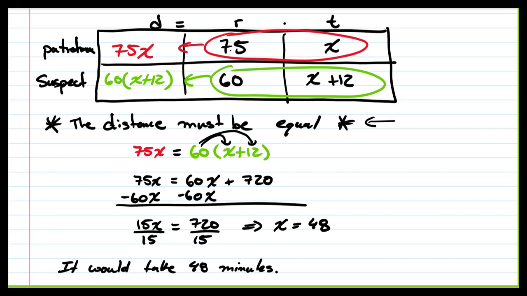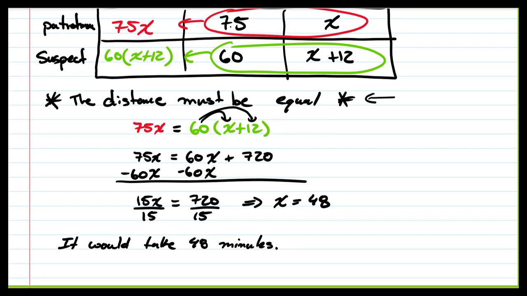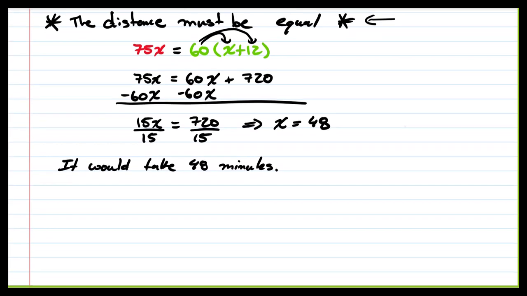All right. So next thing we're going to do is transition away from these applications to something a little bit different. And we want to talk about zeros, solutions, and x-intercepts.